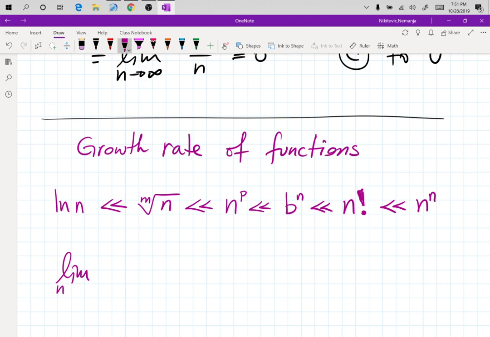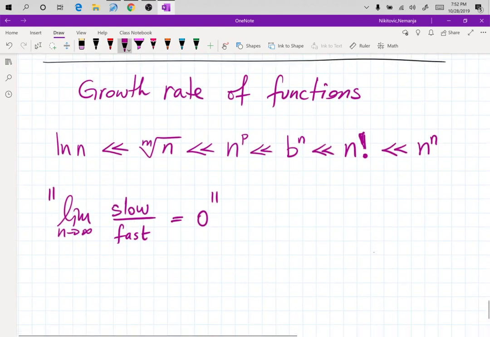Limit as n goes to infinity of slow divided by fast is equal to 0. Put that in quotation marks because this is mathematical sacrilege. Now you understand what this means. If you take any function to the left, put it on top, and any function on the right, put it on the bottom, the limit will always be 0.